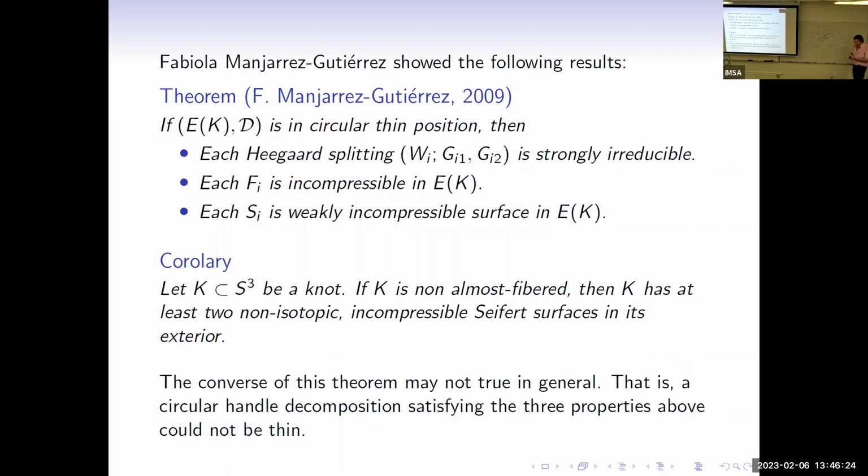That's because any Fi is incompressible, so if there is more than one level, there must be at least two surfaces. They're also disjoint, is that right? Yes, I think it's disjoint. Okay. Disjoint.